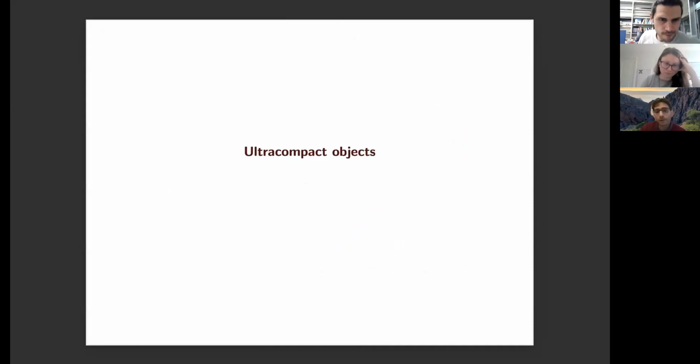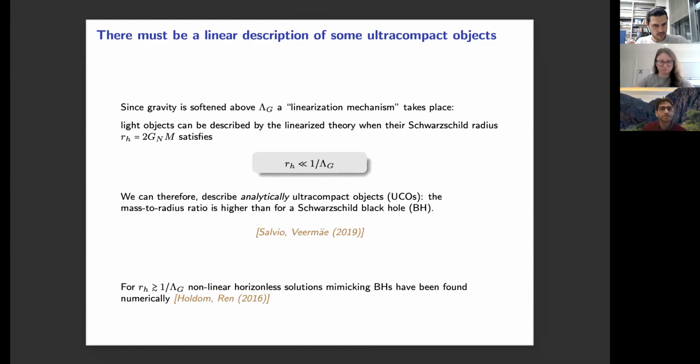Another part of my talk regards ultracompact objects in this theory. So the theory of gravity is very weak above lambda_g. So what happens to ultracompact objects? Basically, there is a linearization mechanism.